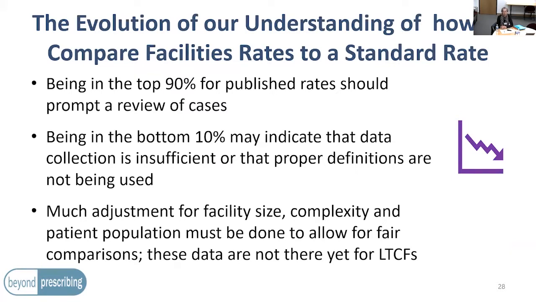You may have an issue with how you're applying the definition, okay? Or you may have a real issue with, say, C. diff or catheter-associated UTIs. If you're reporting 0 and in the bottom 10%, be a little skeptical about that.